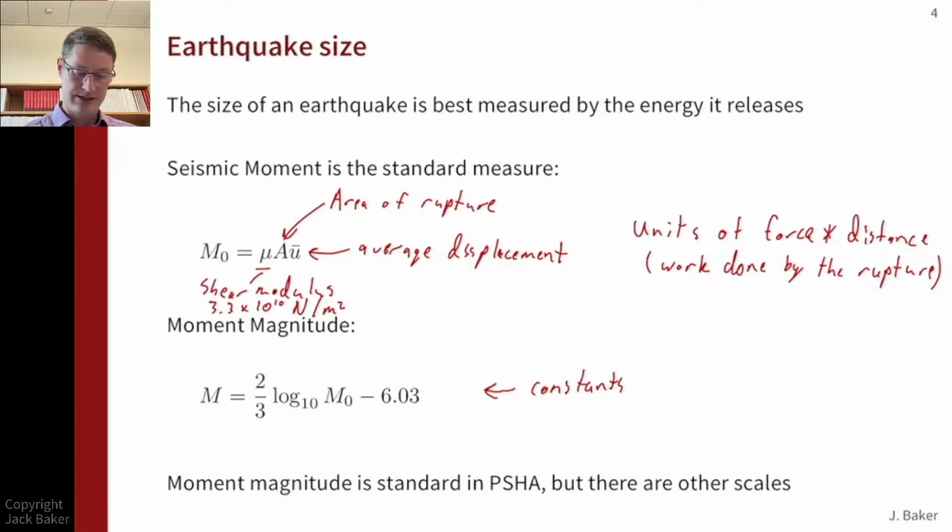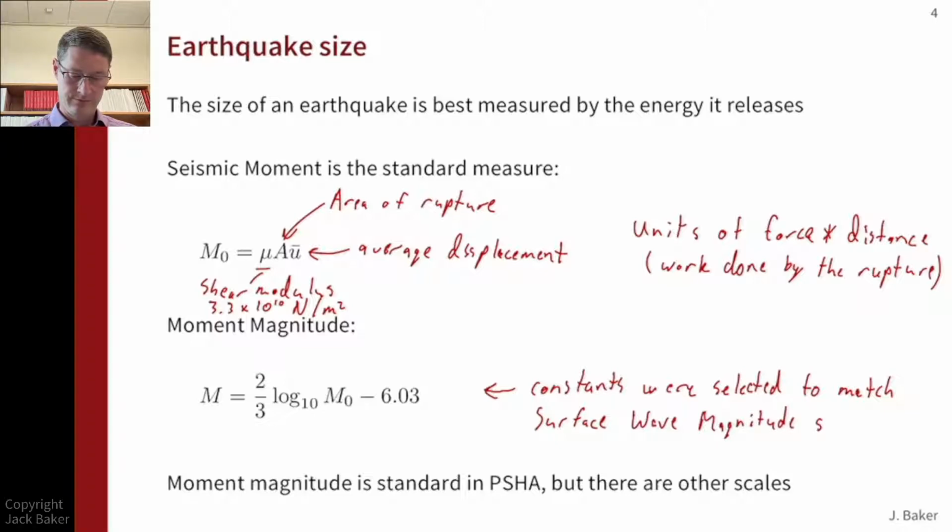Those were selected to match the older surface wave magnitude scale, and that's over a moderate event size.